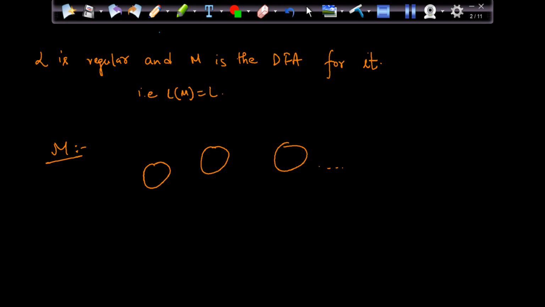In any M, you are going to get a set of states. Let's say that is Q0, Q1, Q2, so on, Qn. So M has, say, n states.